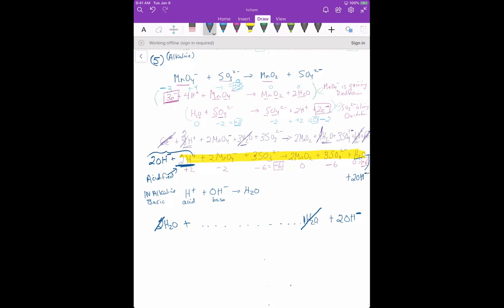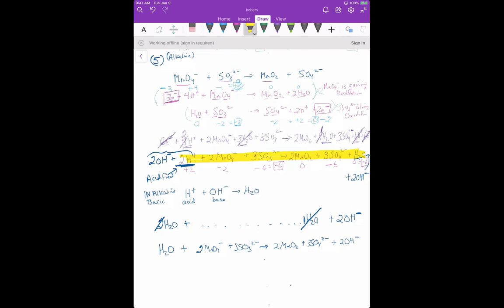So if I look at it this way now, I'm going to just write everything out. H2O plus, and again, everything in the yellow, 2 MnO4 minus, 3 SO3 2 minus, going to 2 MnO2, 3 SO4 2 minus. The water is canceled, and I now have 2 OH minus.